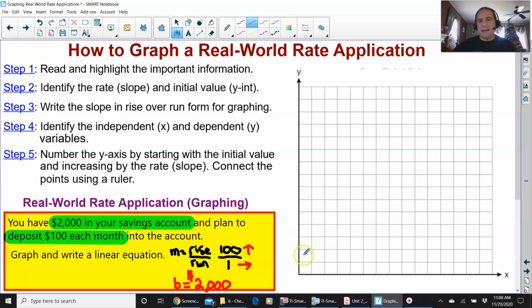So let's identify the independent and dependent variable. Remember, time usually goes on the bottom, and in this question, we're going to have months. And just like the other question, dollars.